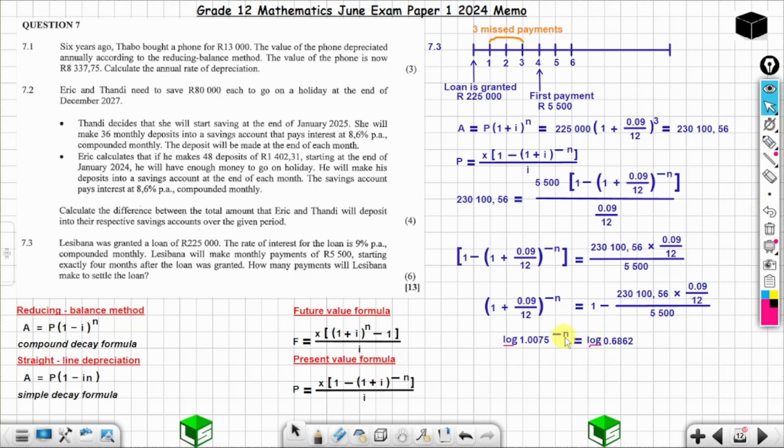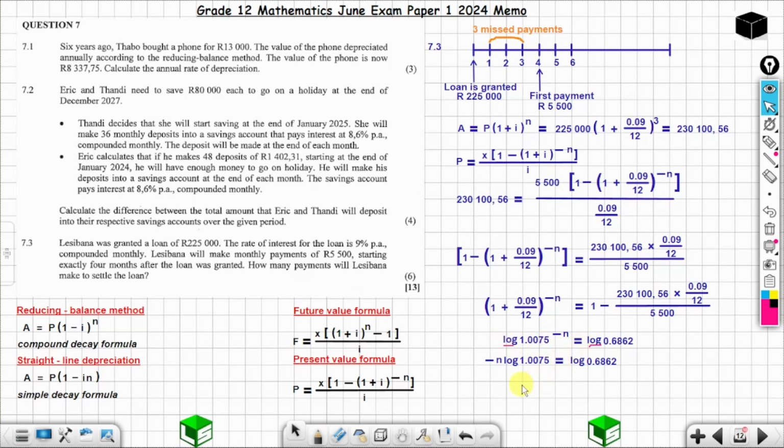Now you are going to drop your exponent. Okay, negative n times this. You drop your exponent down times this. This is equal to this. So this is according to the properties of log.